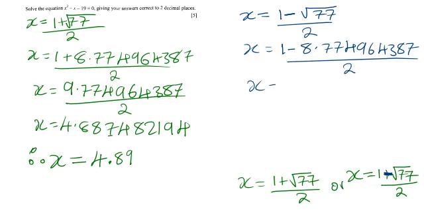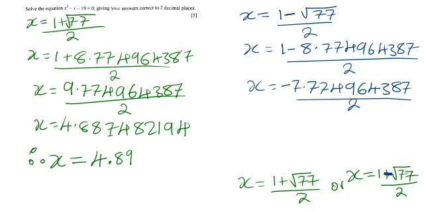So x will be equal to, now when you say 1 minus 8.774964387, you are going to get negative 7.774964387, over 2.